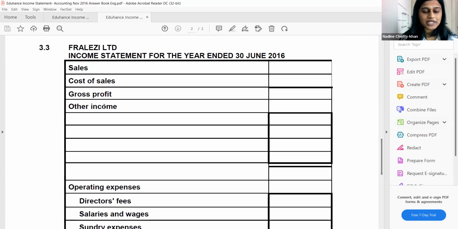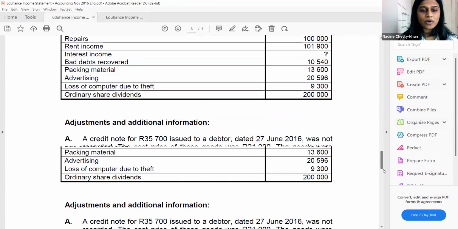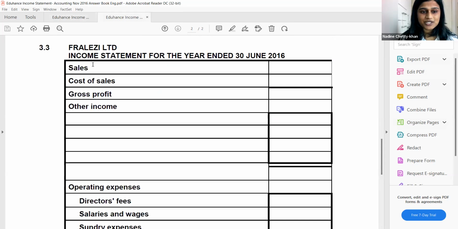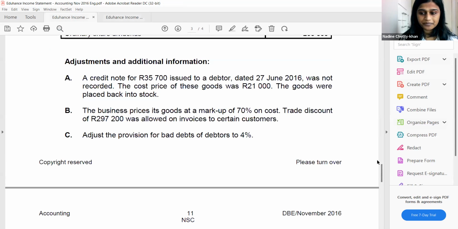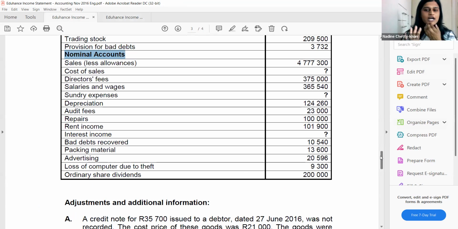I'll put it next to each line item in brackets. Step 2, I will then go and do the adjustments and put them in brackets next to the line items affected. And step 3, I will close my brackets and total. Okay. We'll do that process quite soon. But before you start anything, before you do anything, please take a pen or a pencil.